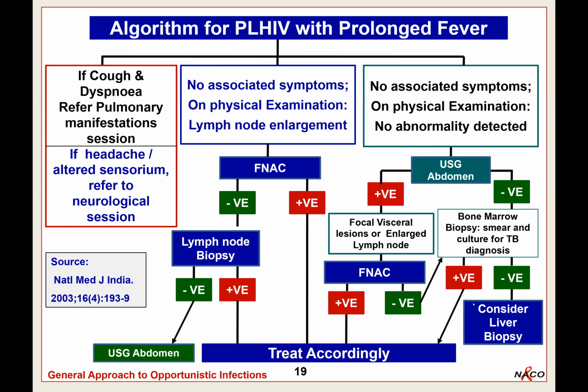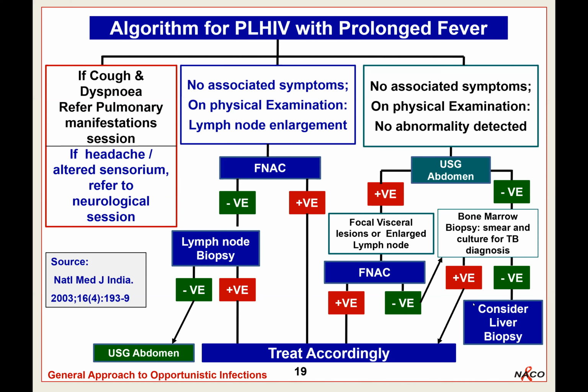If there are pulmonary signs and symptoms, we go with X-ray, and there is a separate protocol. If there are CNS signs and symptoms, again there is another protocol, depending on whether the patient has headache or no headache or global symptoms, or is showing some focal deficit. Based on that, the algorithm may vary.